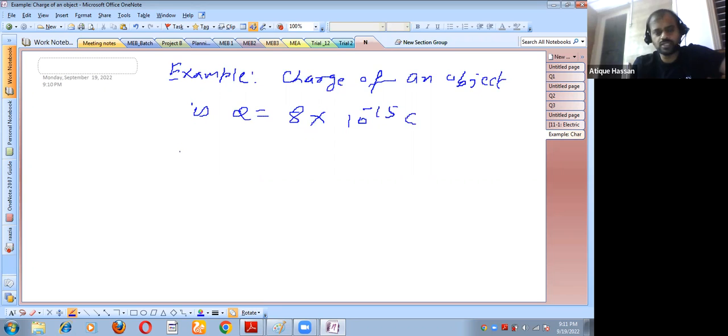Whether this charge is possible or not? We have to identify whether this charge is possible or not.